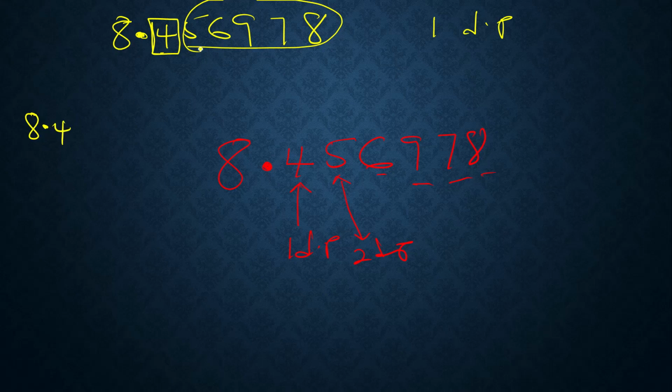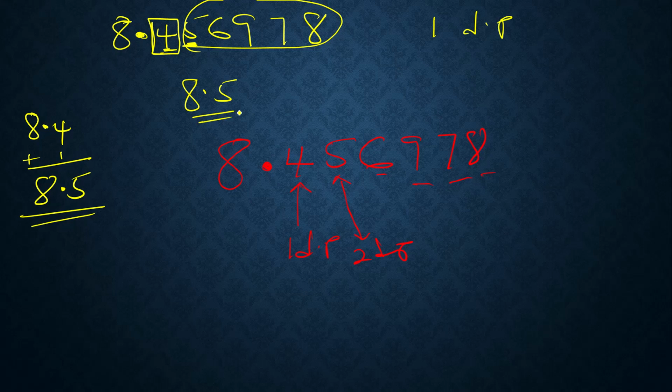But if the next number is 5 or more, we add 1 to our answer, so this one will be plus 1, which will be 8.5. So in 1 decimal place it is 8.5.